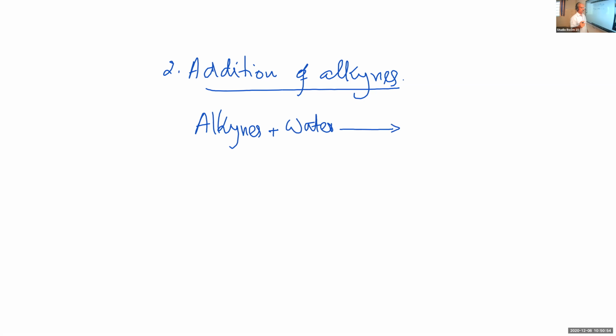The catalyst is mercuric sulfate, HgSO4, in presence of dilute sulfuric acid. Then a water molecule is added.